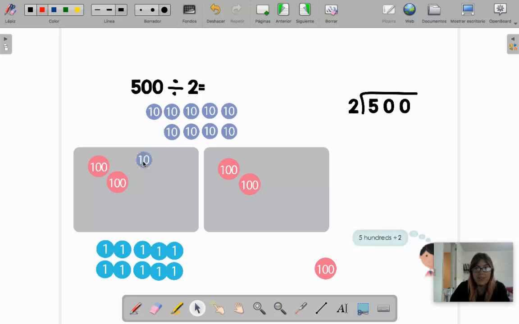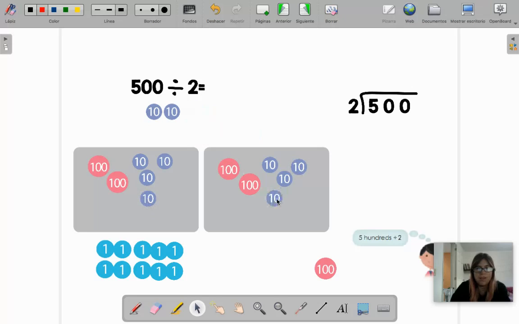So let's do it. 10 and 10, 20, 20, 30, 30, 40, 40, 50, 50. And we don't have anything left. We could perfectly divide into two groups. So the answer is 500 divided by 2.